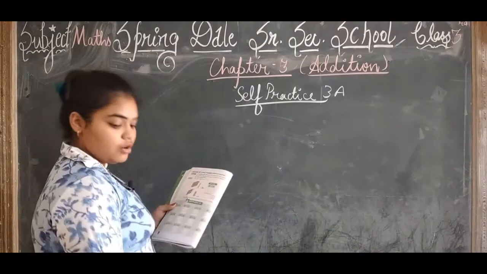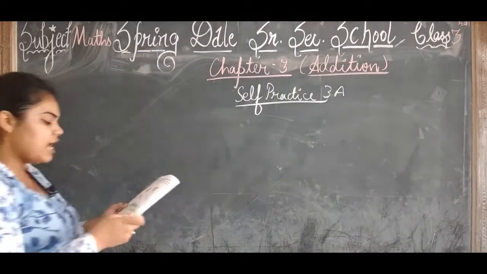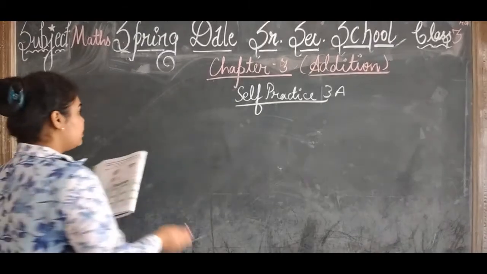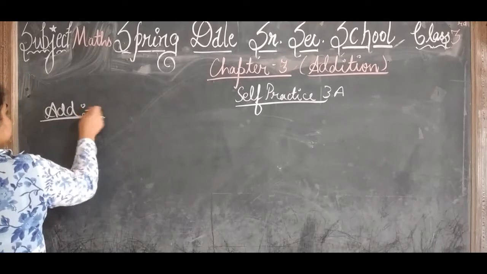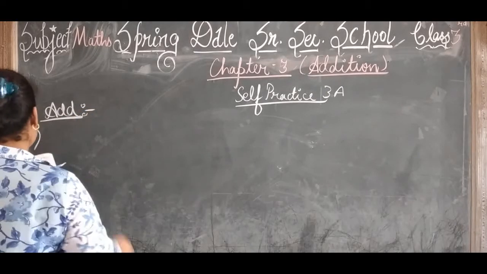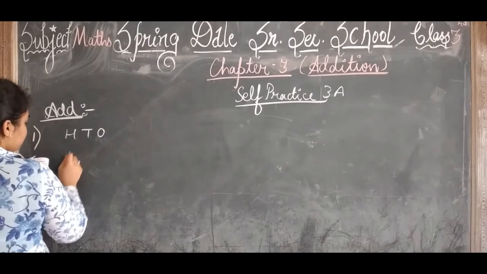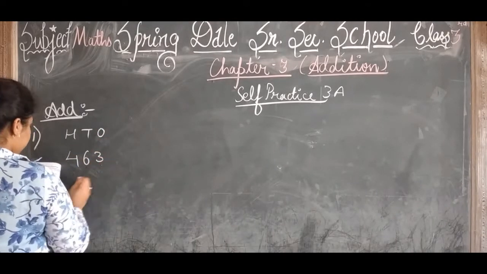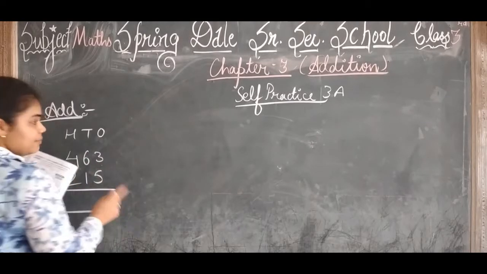Okay children, now we are going to just do the addition. Okay children, now question we have: add 1. 100 tens ones, we have number 463 plus 215. हमें इसे ऐड करना है.